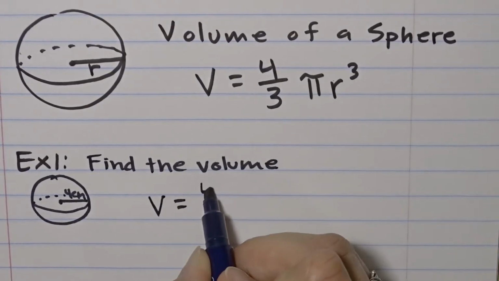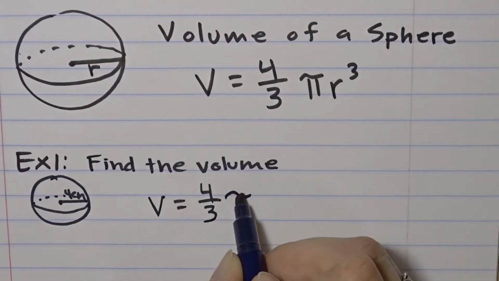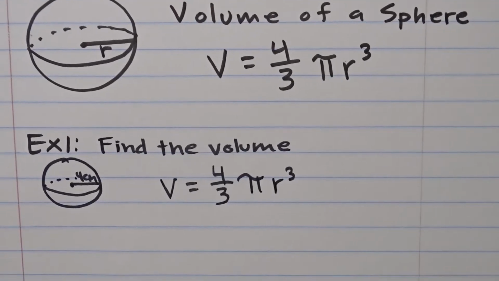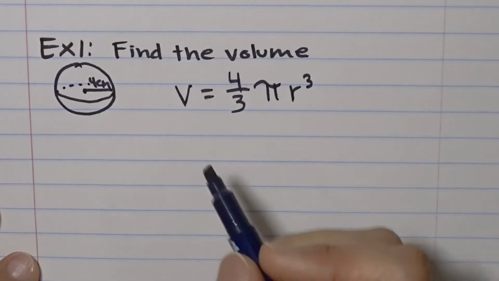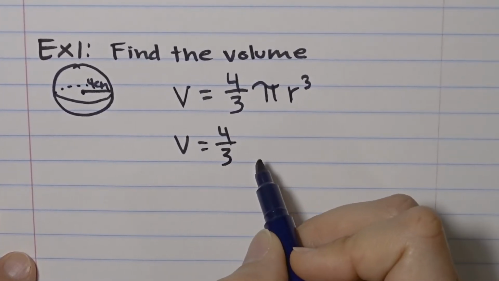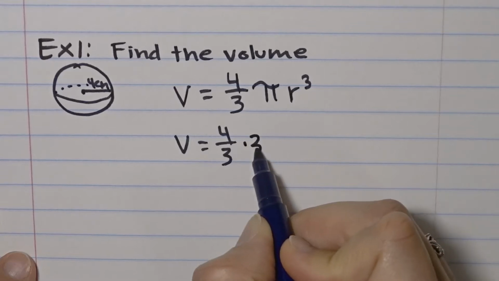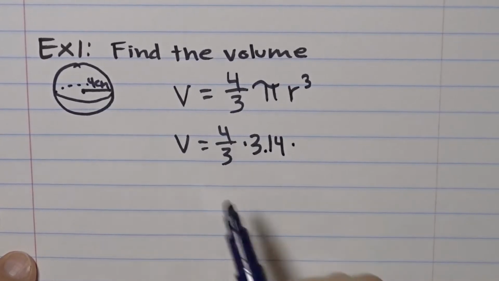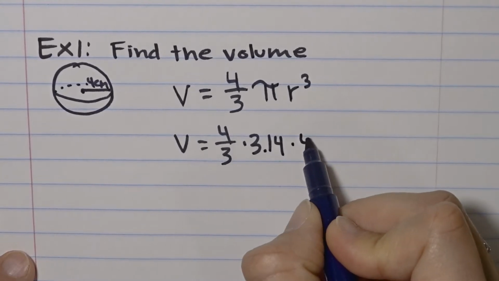Volume equals 4/3 pi r cubed. All right, so volume we don't know, 4/3, and we can go ahead and plug in 3.14. And this time r, which we do have, is 4. So I'll go ahead and put 4 to the 3rd power.